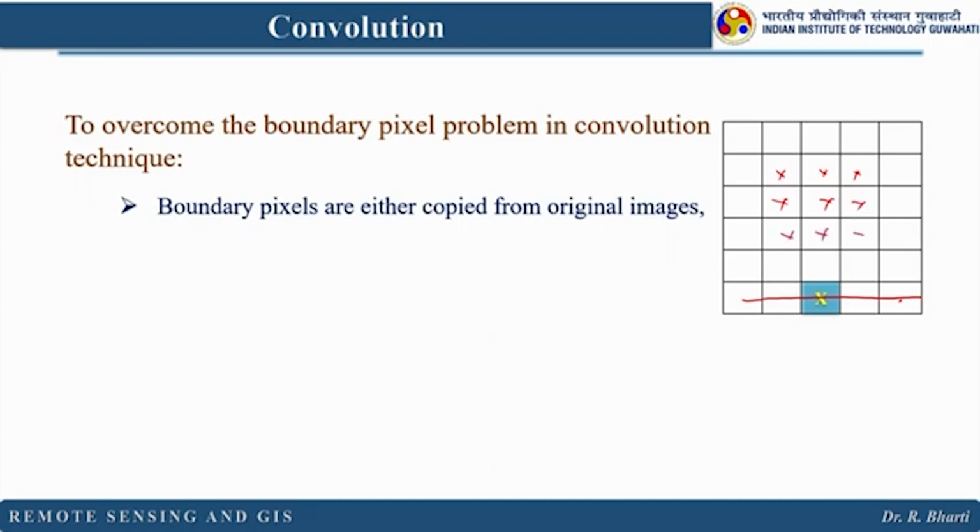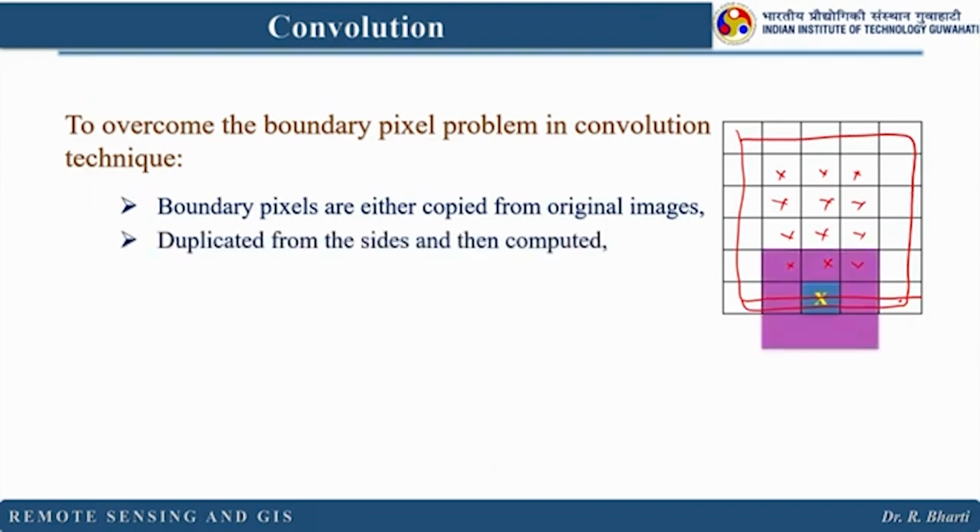In this case only these pixel values will be calculated if you are using 3 by 3, and then all these boundary pixel values will be copied from the original image. That is one solution, so that you will have at least the original data.